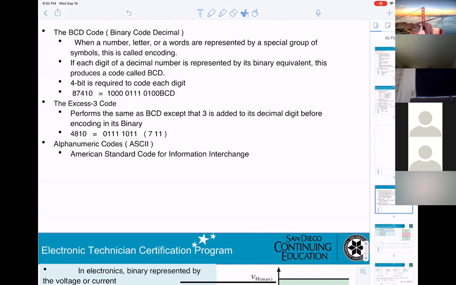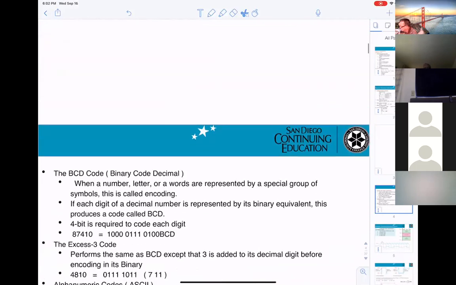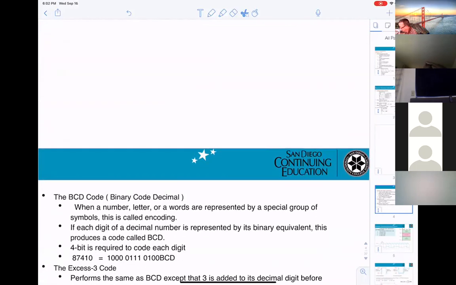They give you an example. You get 87410, and they want it to be BCD.